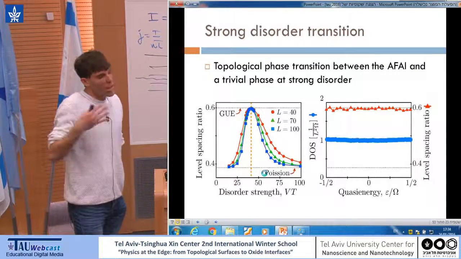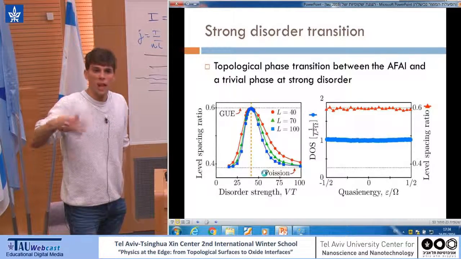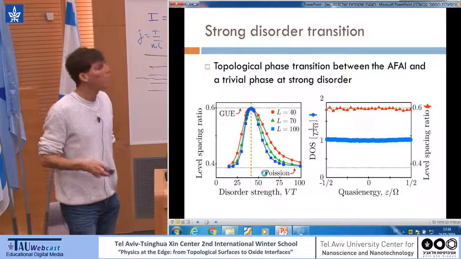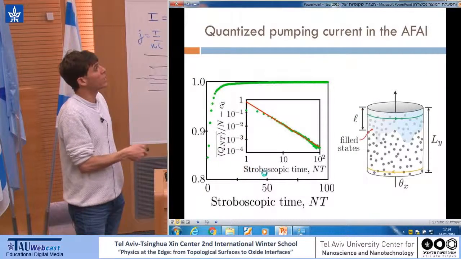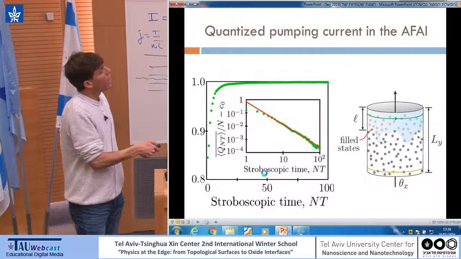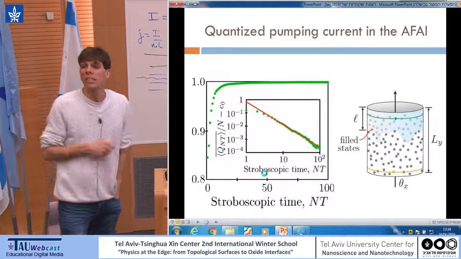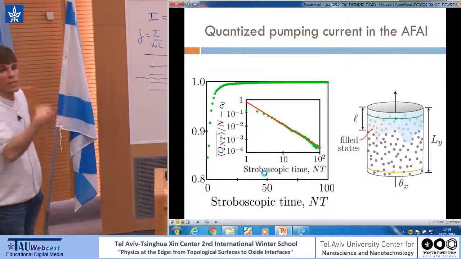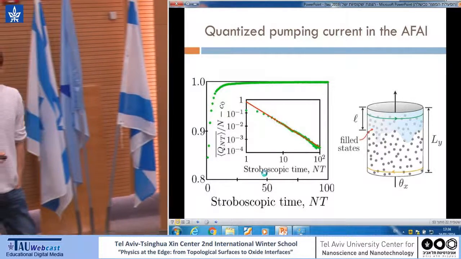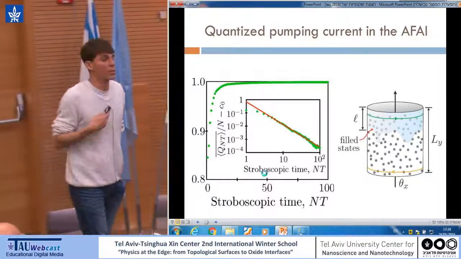So you could now ask whether this system, even in the presence of interactions, would remain localized and yet, for example, exhibit this quantized pumping. So suppose I add interactions here, the bulk is fully localized. Can I, for example, see this quantized pumping current also in the interacting system? If yes, then this would be an example of a system which is interacting, closed, yet exhibits topological phenomena.